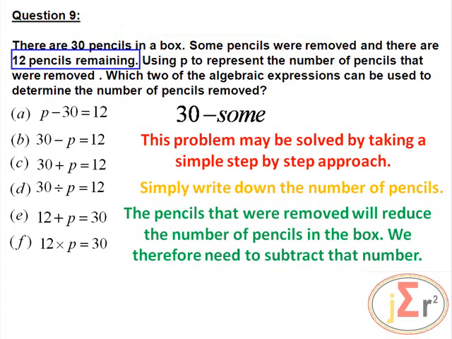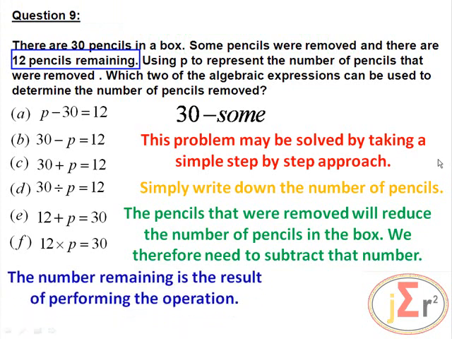12 pencils remaining. So we have 12 pencils in the end. So what will we do? The number remaining is the result of performing the operation that we have here. So if we have 30, we remove some.